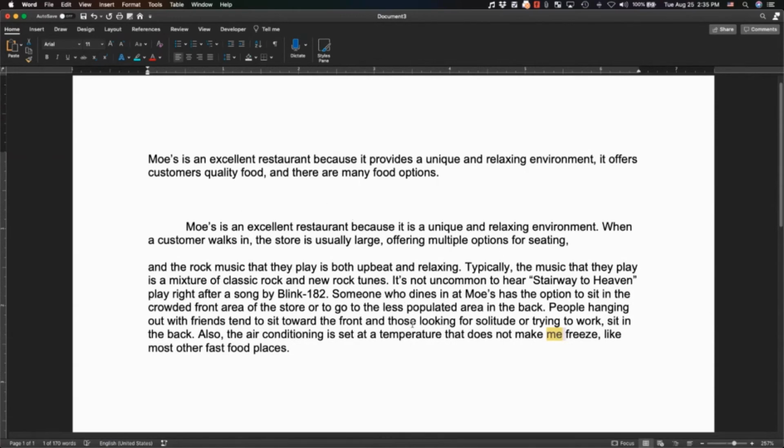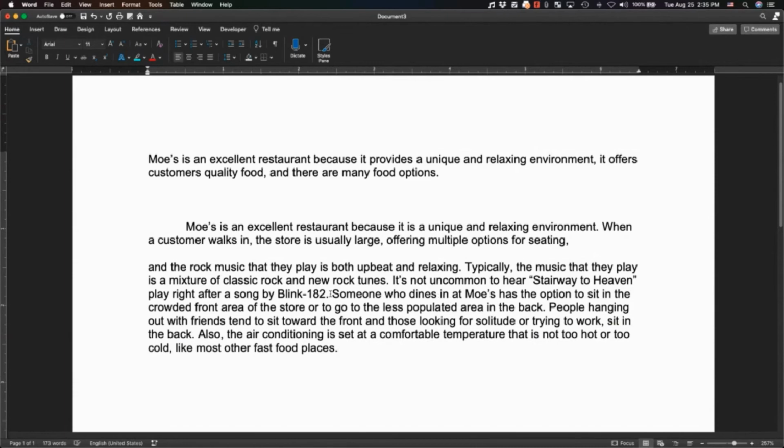Let's see, so the air conditioner is set at a comfortable temperature, right? Because I like that when I set it. That does not make me freeze. So I'm going to take that part out. I'm going to say that it is not too hot or too cold, like most other fast food places, right? Boom. So we've now taken the first person out of that sentence as well.